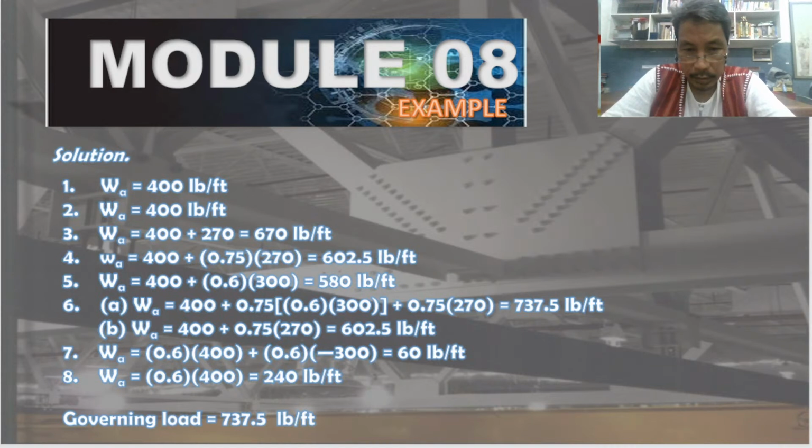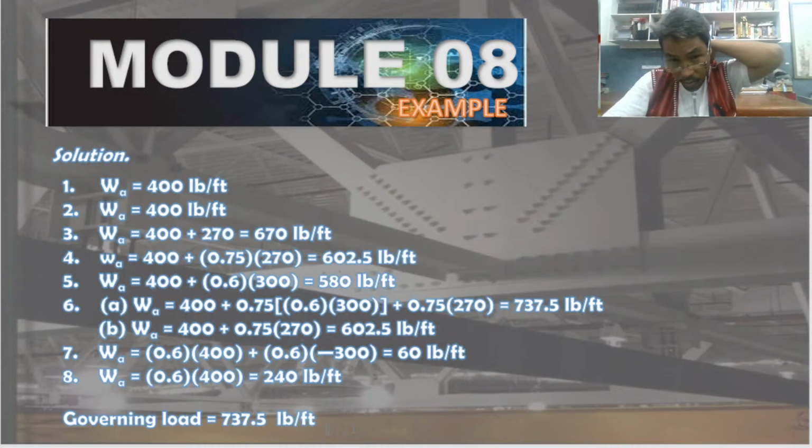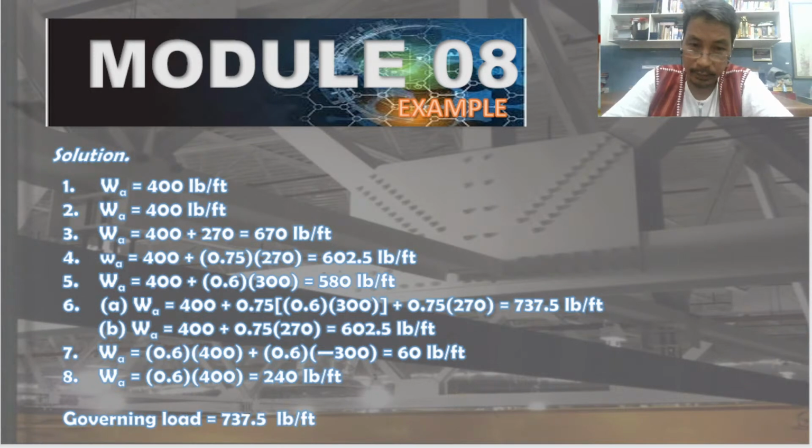Okay. So all in all, if we compare the 9 results, which one is the highest? So we have 737.5 pounds per feet. Since we are going to use this as our final answer, we just need to use 4 significant figures for a final answer.